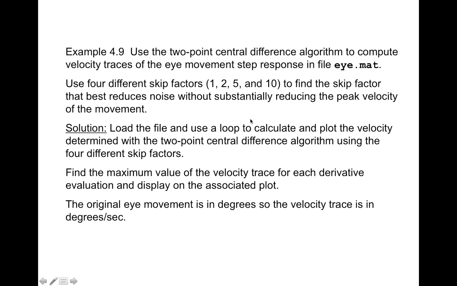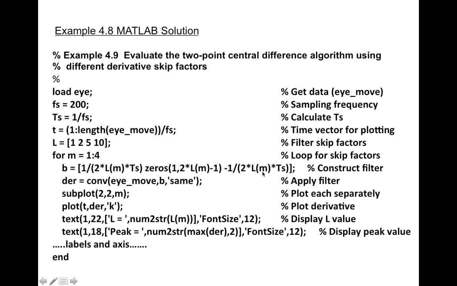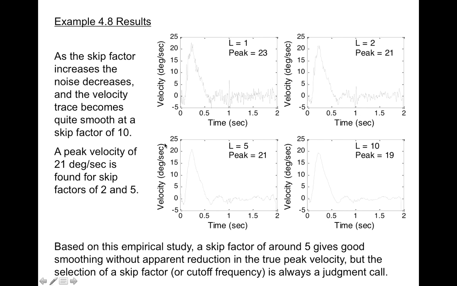So here's an example of looking at the velocity of an eye movement using 4 different skip factors and some data provided by the author called eye data. We're going to look at skip factors of 1, 2, 5, and 10. Here's what the result looks like. Notice that you are getting slightly different values for the velocity of your eye movement depending on what skip factor you select.